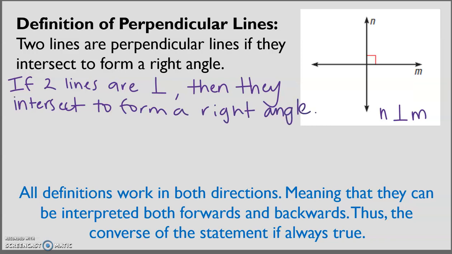Then we could write the converse of this statement, meaning we're swapping the hypothesis and the conclusion. Here is the hypothesis, here is the conclusion.